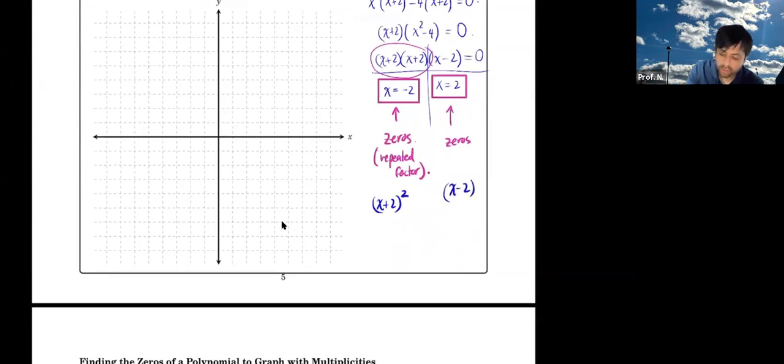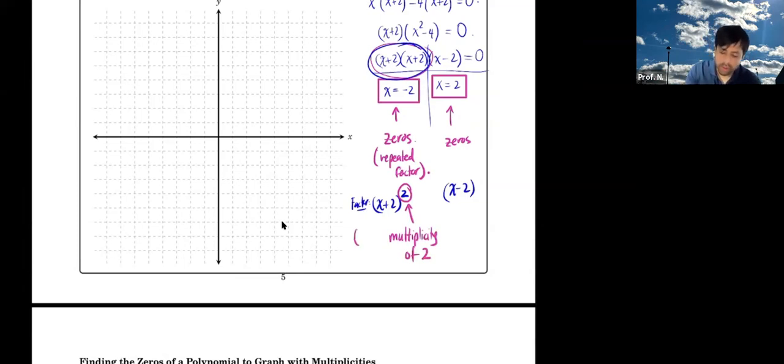So these are my factors, right? Because x plus 2 times x plus 2 is x plus 2 squared. Because it's squared, we call this a multiplicity of 2.